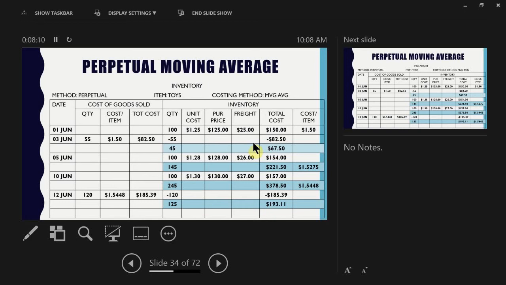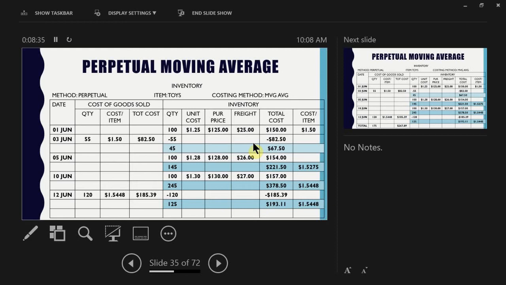Okay, so again, we need to recalculate that amount, and it's going to be slightly different. It's not going to make a super huge difference, but because we have a new cost and a new quantity, we need to recalculate that average cost. And here you go. My ending inventory is 125 at a total of 193.11.